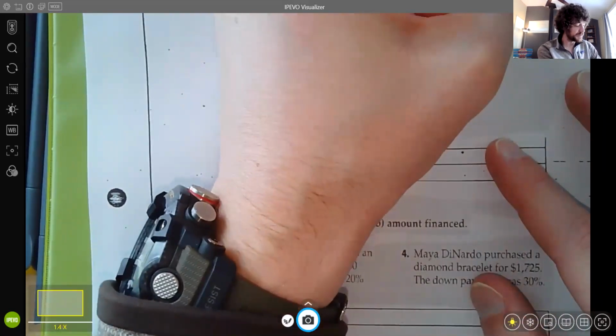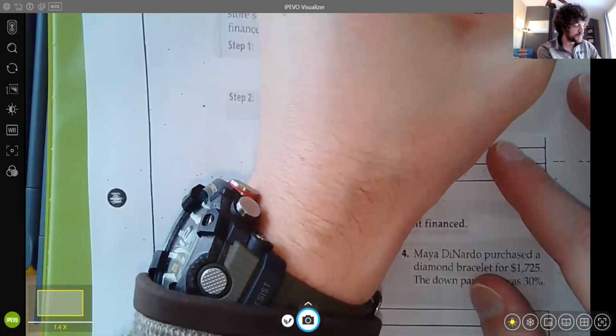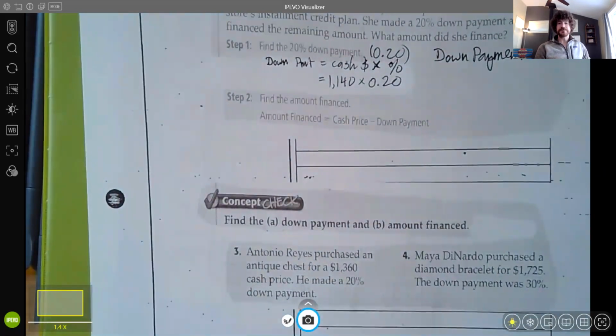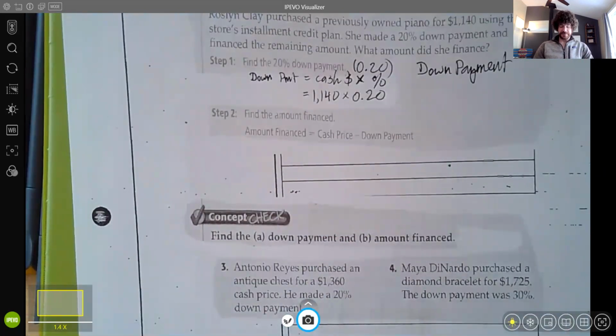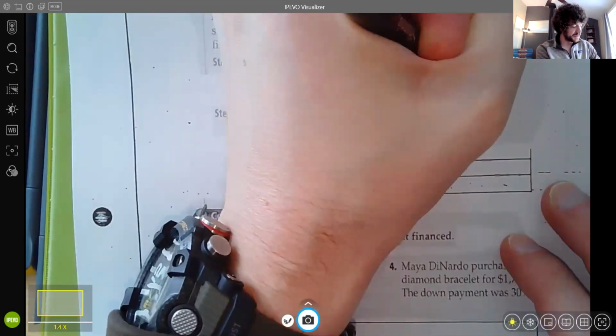So the down payment: how much did she put down on that piano? What was her down payment? Somebody go ahead and type that in when you have it. $228. Good. So the down payment is $228.